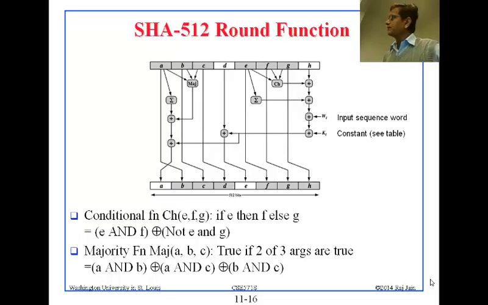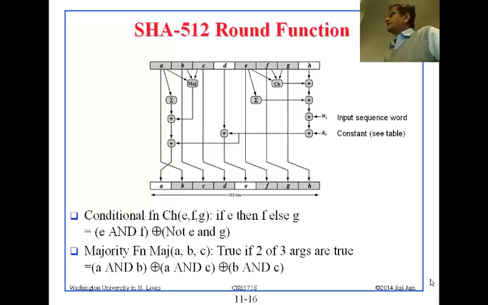So what is the conditional function? If you take 3 parameters, you can say 3 bits, then the conditional function says: if E, then F, else G. So if E is true, then you send the first parameter out. If E is false, then you send out the second parameter. So you do this bit by bit, right?